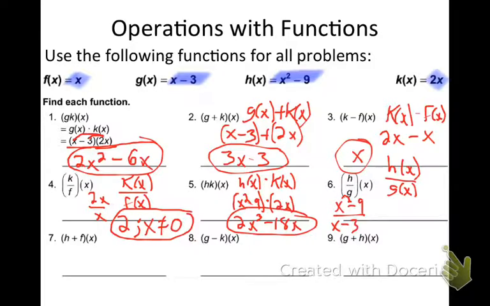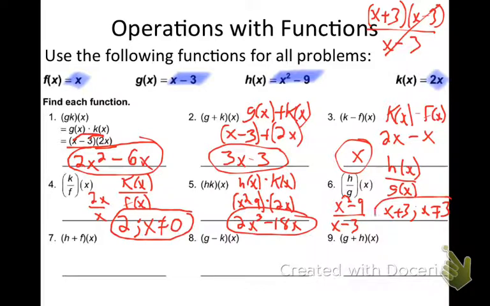Can I simplify the numerator here? How does that simplify? Yeah. So I get x plus 3 and x minus 3 all over x minus 3. What cancels out? So I'm left with x plus 3. And what can x not equal? X cannot equal 3. Nice job.